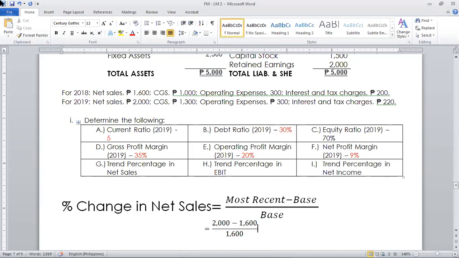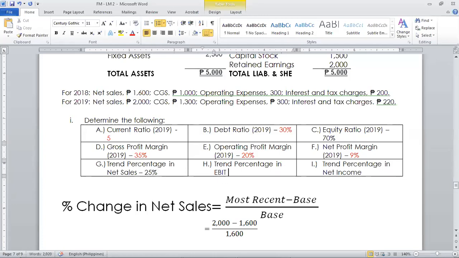Okay, so the trend percentage in net sales will be 25%. Meaning, our net sales increased by 25% as compared to last year's net sales of 1,600.